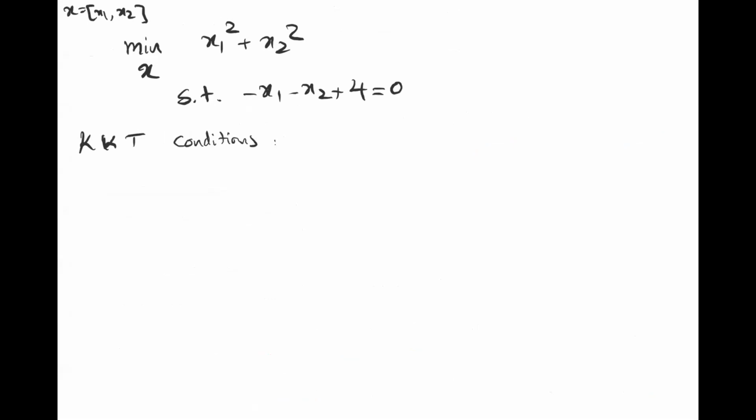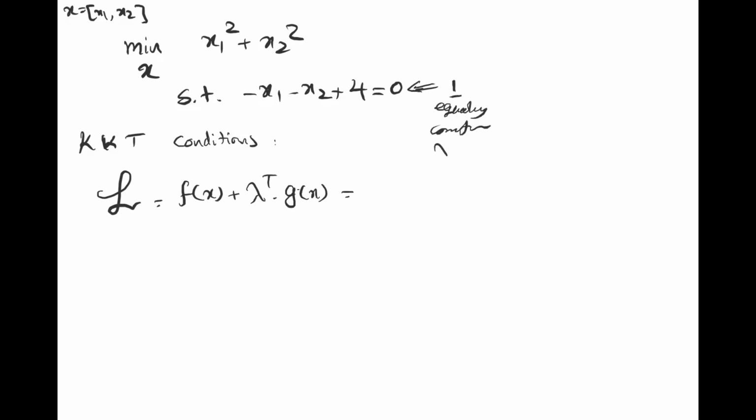All right, first we have to write the Lagrangian. The Lagrangian was f of x plus lambda transpose g of x. In this case, because we only have one equality constraint, our lambda is, instead of being a vector, just lambda 1. So it's going to be x1 squared plus x2 squared plus lambda multiplied by g of x, minus x1 minus x2 plus 4.